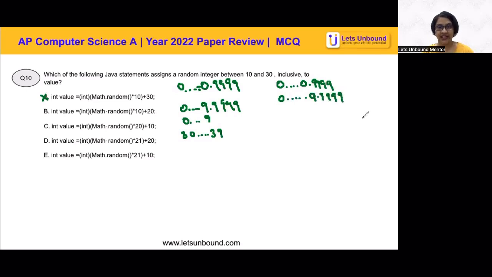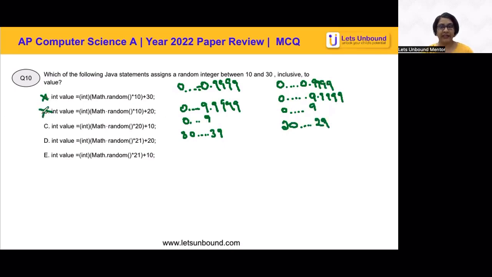Taking the integer range, it becomes 0 to 9. Now adding 20 on both the ends, we get 0 plus 20 is 20 and 9 plus 20 is 29, which is again not what we need. So we will eliminate option B.